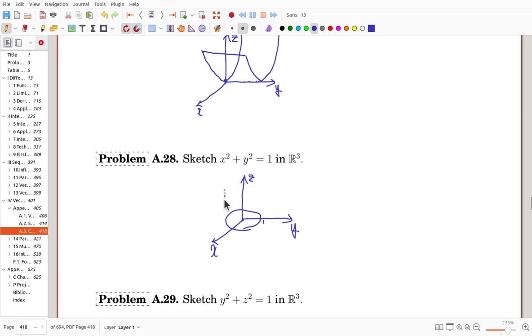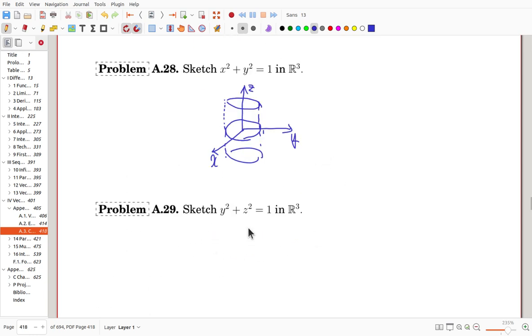So here eventually it will make a vertical cylinder like that, the infinite. And from here in whole line, the collection of these lines will be the surface of this equation.